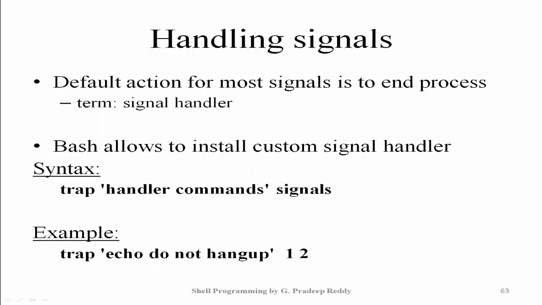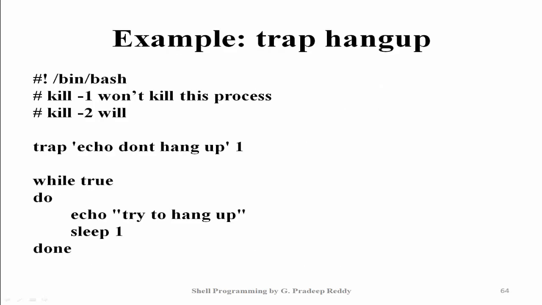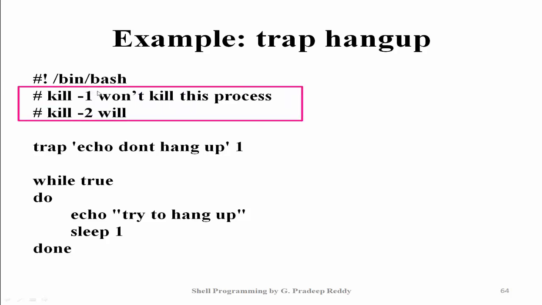Handling signals: you can handle the signals. For example, trap. Trap is a software signal which is going to generate the commands. Here you are going to specify 1 and 2. Already we showed what 1 is: you are going to hang up with signal 1, and you are going to interrupt the signal by using 2. So here you are using signal 1, it is not going to kill the process which is specified in the command line, whereas signal 2 will kill the process, which means it is going to terminate the process.